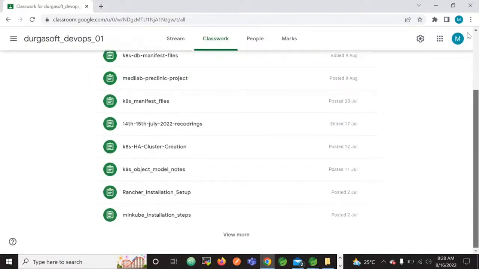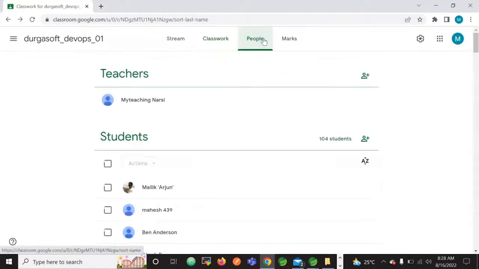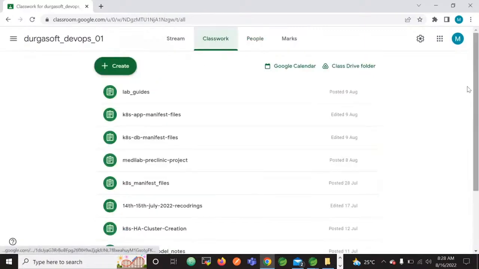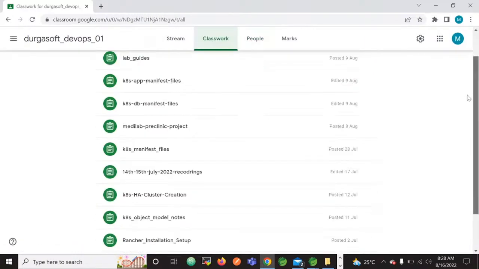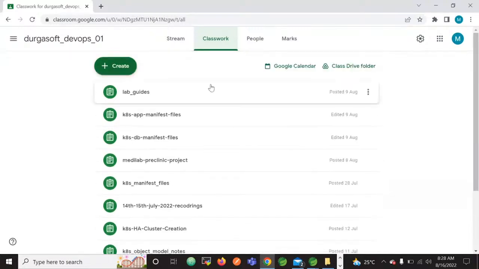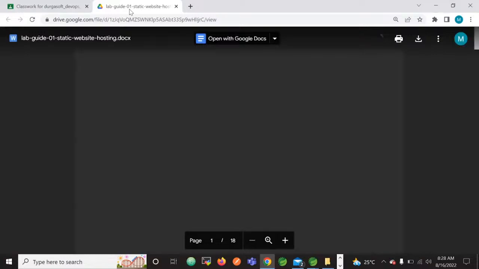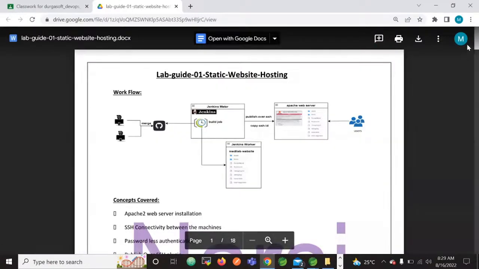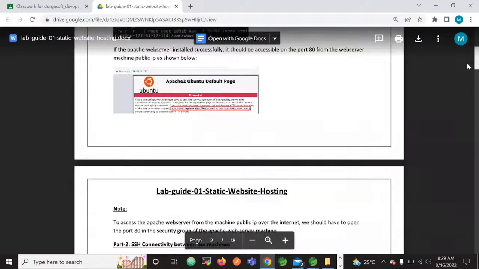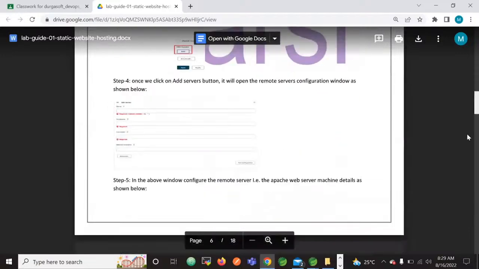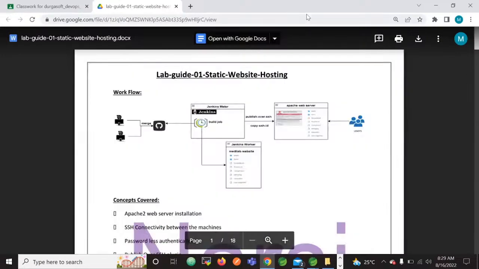This Google Classroom access will be for 8 months, whatever the validity of your course is, and you can download the materials at any moment of time, but the videos are not downloadable and not shareable, whereas the material you can download and share also. Whatever you want, you can do with the material.